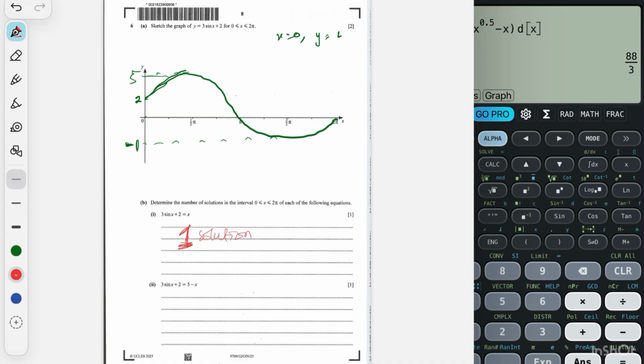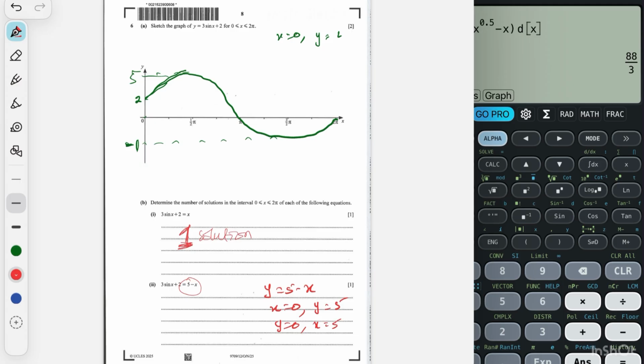Now, how do we draw 5 minus x? So y is equal to 5 minus x. So when x is 0, y is 5. When y is 0, x is also 5.